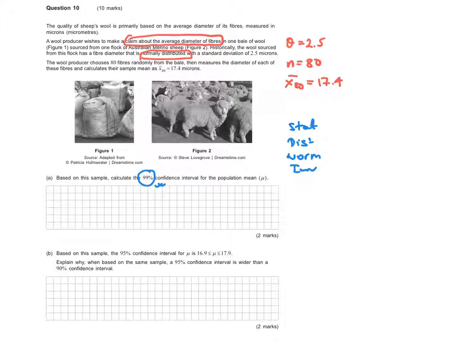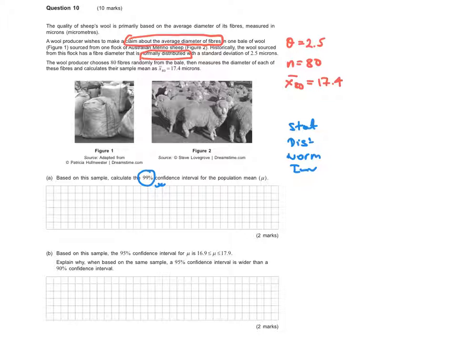and now you should have a screen where it asks about data. Make sure you use variable for this. Then tail central, area in our case is 99%, so the area is going to be 0.99. For the standard deviation and the mean, for Z the standard deviation is 1 and the mean is 0.